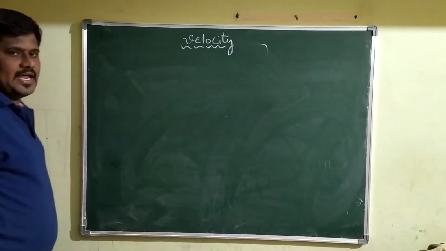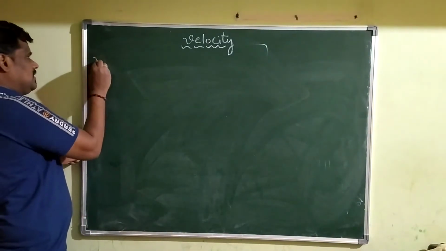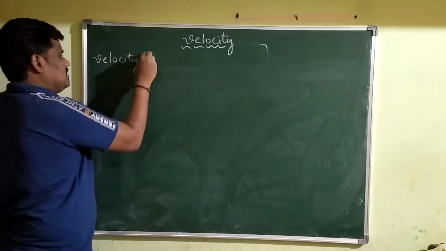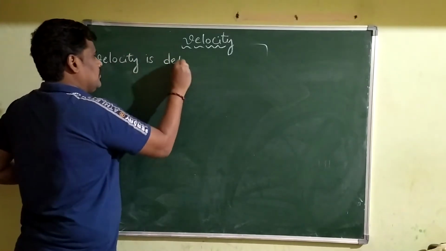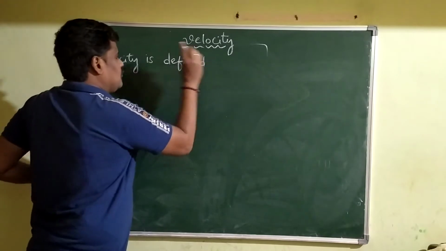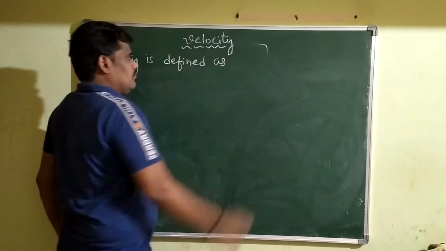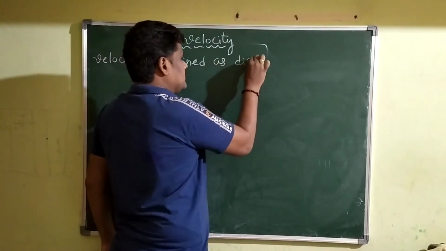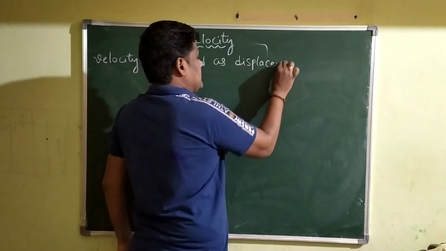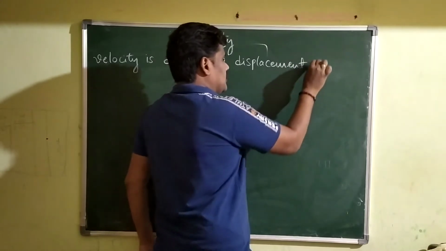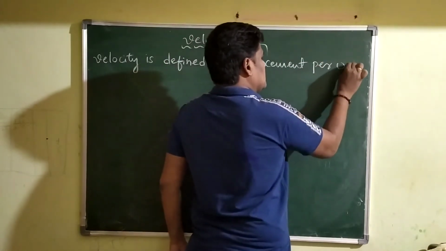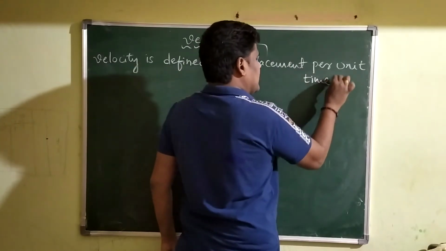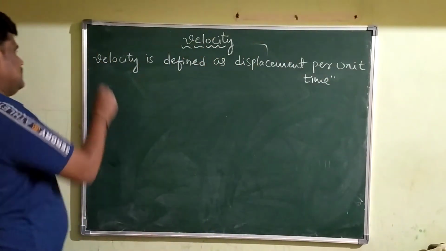Therefore, velocity is defined as displacement per unit time. Displacement per unit time, we'll call it a velocity.